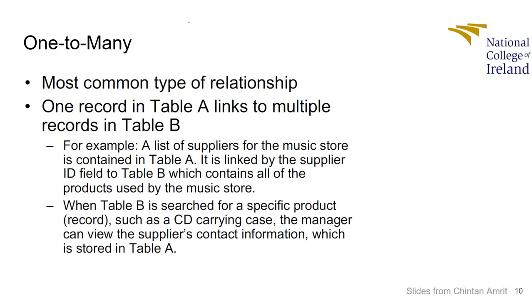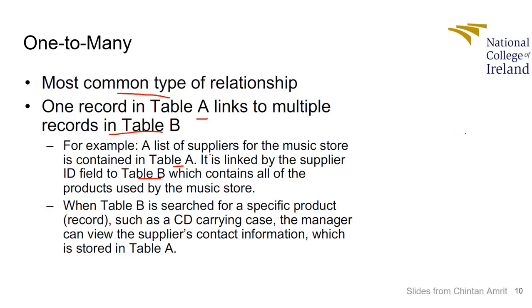We have the one-to-many, which is the most common type of relationship. So one record in table A links to multiple records in table B. For example, if you have a list of suppliers for the music store contained in table A, it is linked by the supplier ID to table B, which contains all of the products.